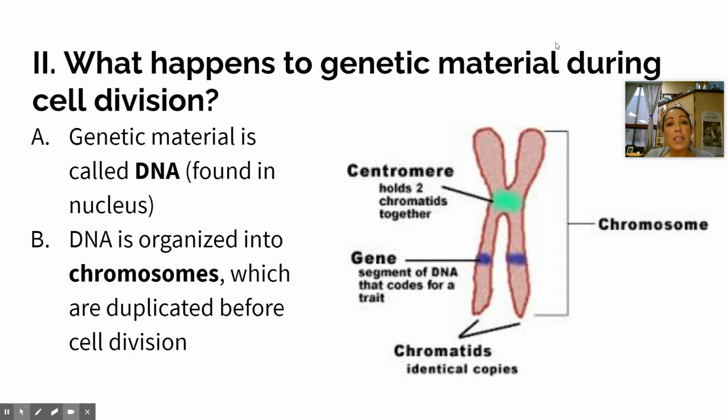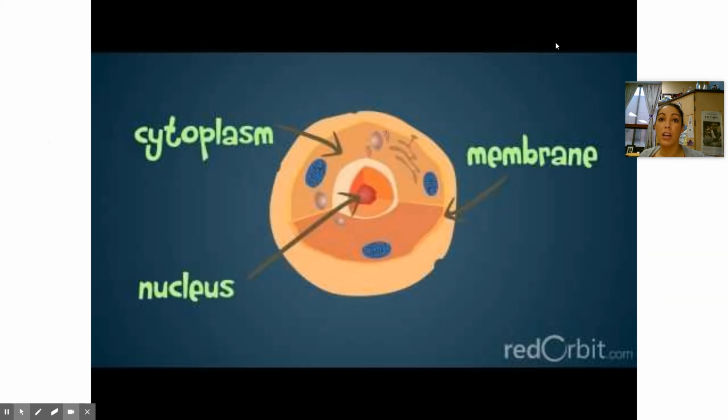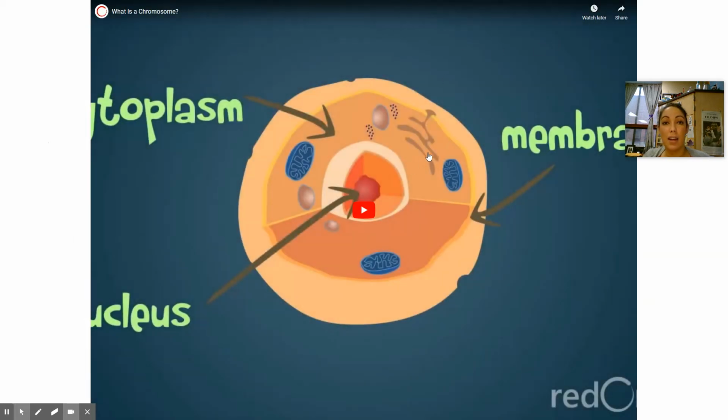Typically, before a cell divides, those chromosomes need to copy themselves, because when a parent cell divides into two daughter cells, you want those two daughter cells to be exact copies of the parent. So we have our parent cell with all of its DNA in the nucleus. That DNA needs to double so that each daughter cell can get a good copy of that genetic material.